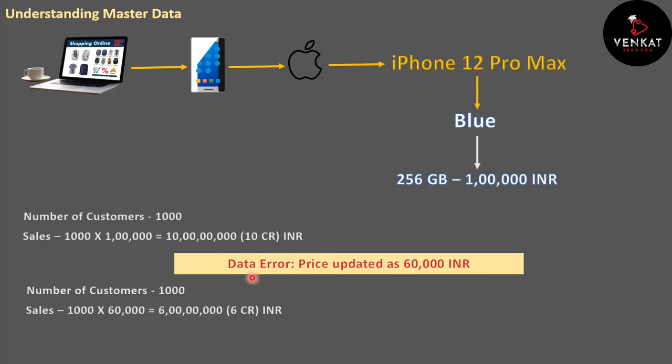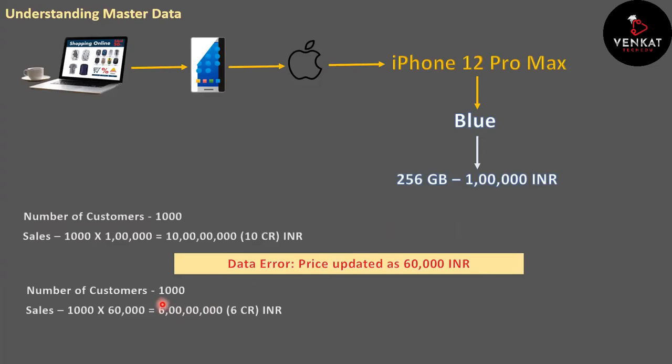This happens because of the data error in the pricing. Instead of 1 lakh, they made it 60,000. Of course, there is a profit, as we discussed, maybe a profit of 30,000. Actual price would be 70,000. And again, still there is no profit. There is still a loss of 10,000.